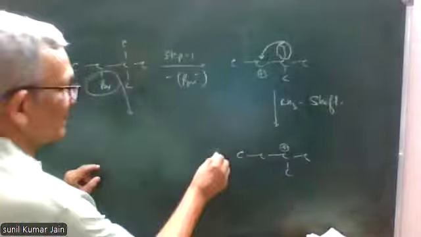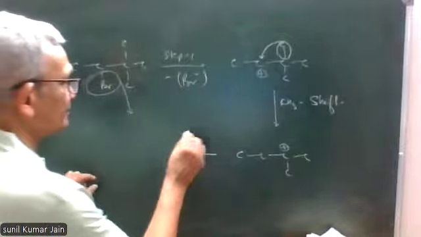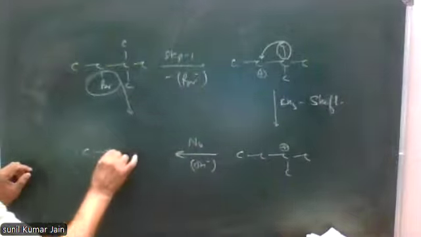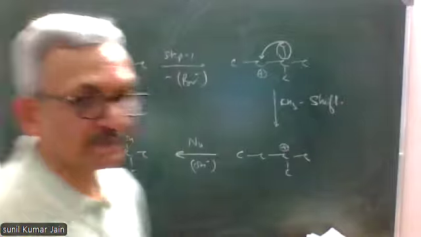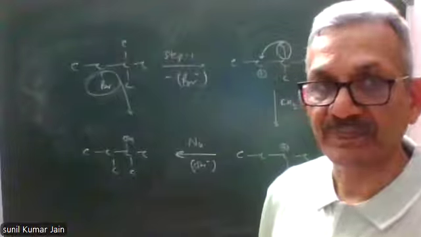And this will further be attacked by hydroxide ion, that is nucleophile, in step 2 of the mechanism, and will lead to the formation of final product. And you can see final product obtained is 2,3-dimethyl-2-butanol.